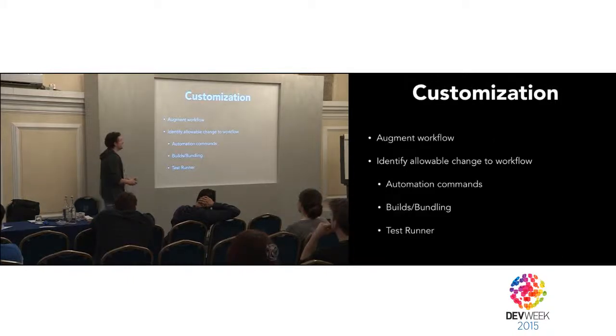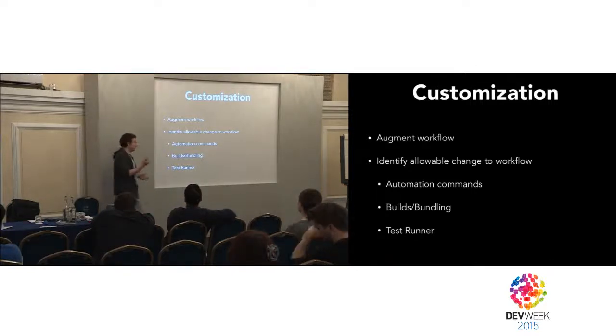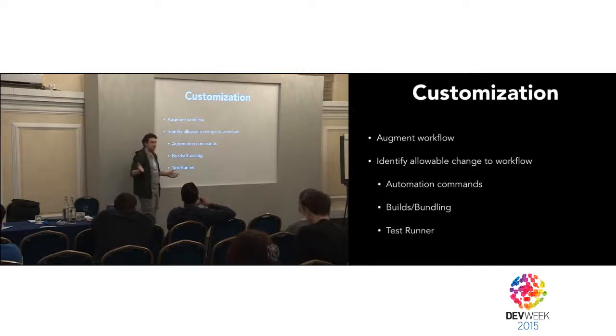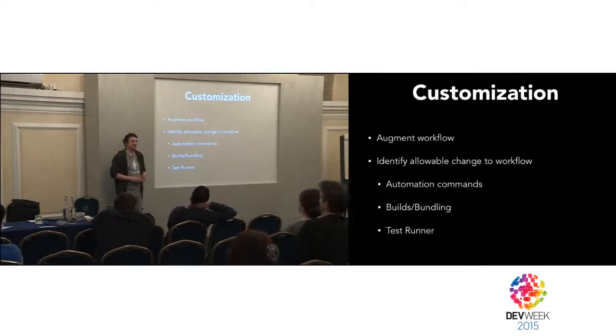And customization. I said you need to support change. That's really important, and completely tying yourself to a certain way of writing code is obviously a problem. That's why the tooling that we're seeing at the minute, and tooling forever, had this idea of plugins. You need to be able to identify the things that change, both in your application architecture and also in your tooling, and be able to change those things.